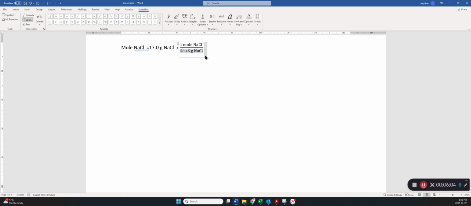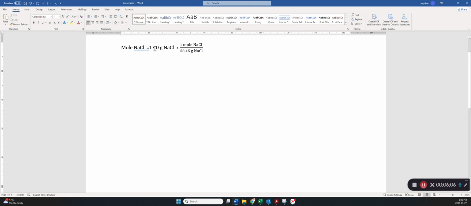And this is how I would set up this equation, because then you could have the units cancel, grams cancel, and you get the moles. And if you use your calculator, it would be 0.291 mole of sodium chloride.